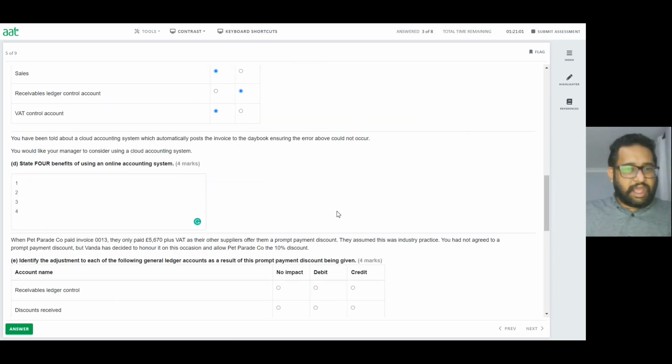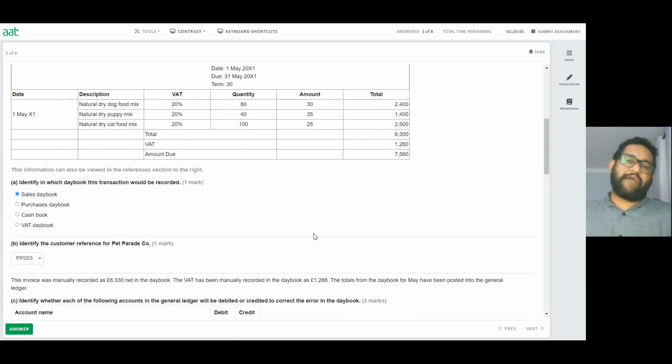So if you notice here, how much have they paid? They have paid 5,670 multiplied by 1.2, £6,804. So basically they have taken £756 as a discount. They have considered that as a discount.